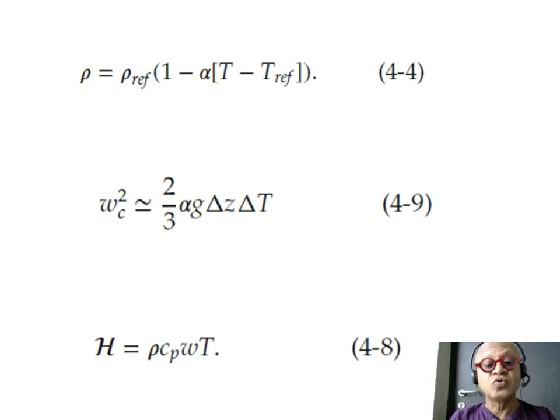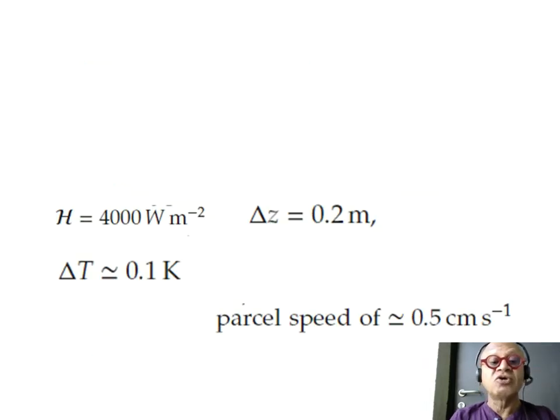So to estimate the rho Cp, the heat transport and the vertical motions, you can take typical scales at which these things happen. So heat transport in the experiment that was done in the tank that we looked at, it's about 4,000 watts per meter squared. We know that because we are putting in the heat.